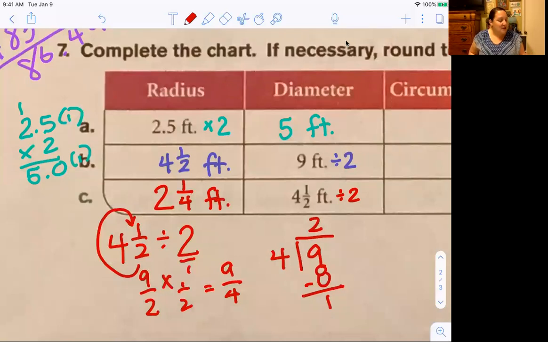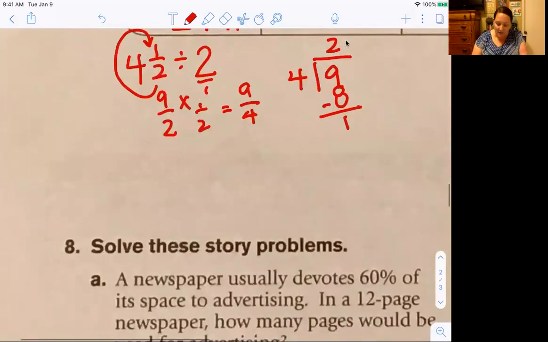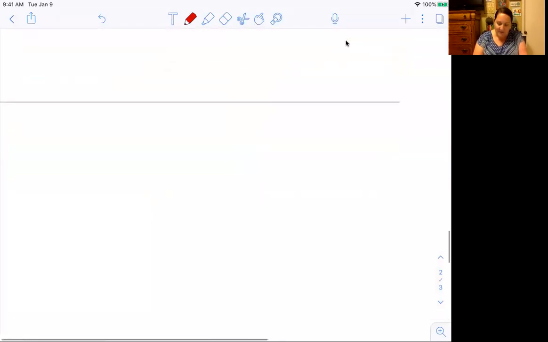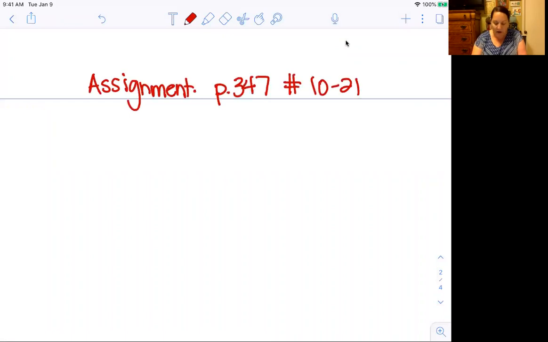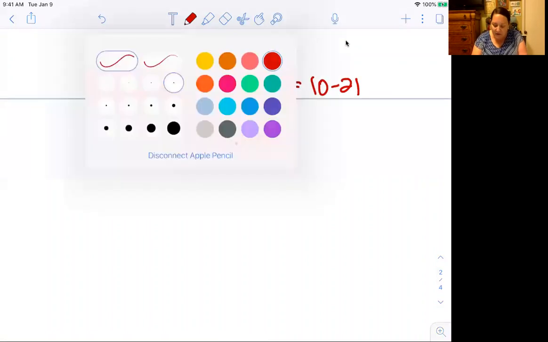Okay, guys. Today, your assignment for tonight is to go to page 347, and I would like you to work on numbers 10 through 21. These are PEMDAS problems. Remember with PEMDAS problems, what is the very first thing we look for?